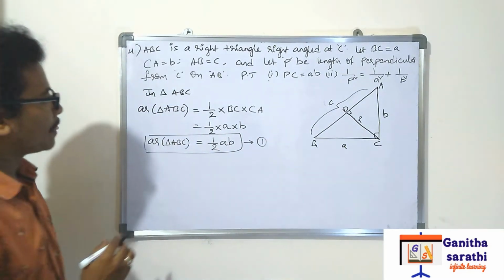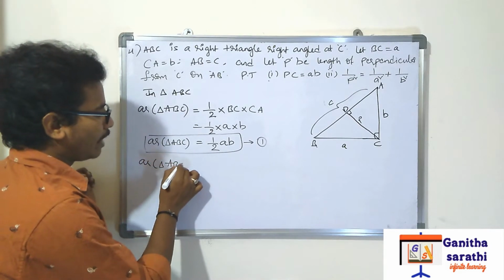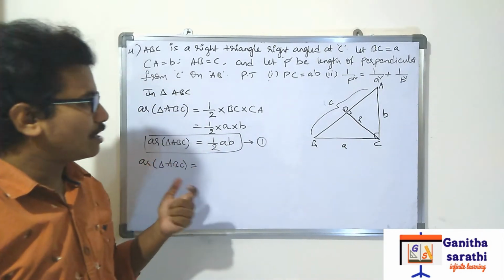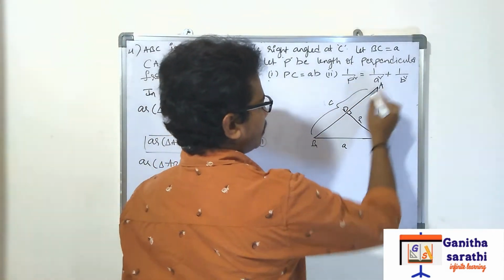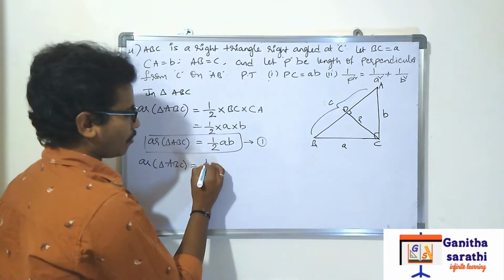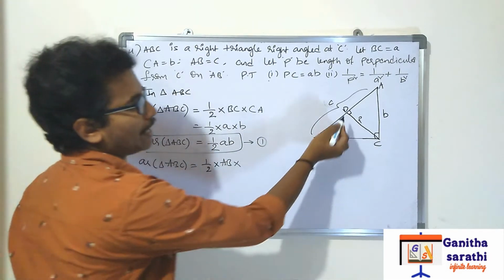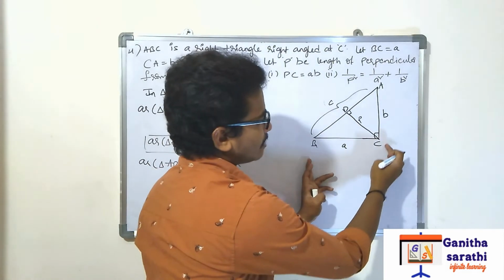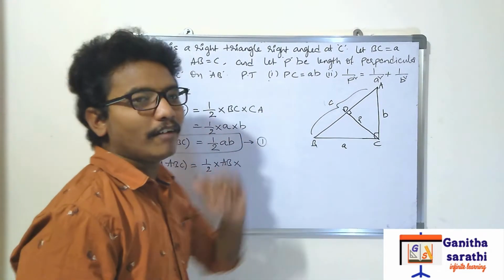Now again I am taking the area of triangle ABC. If AB is the base, then the height will be CD. If BC is the base, then CA is the height; if AB is the base, CD will be the height.